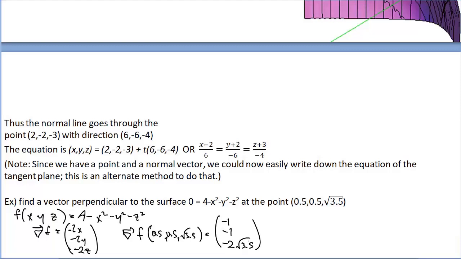And because we've got the gradient of an original function, and our surface is the level curve of that function, our gradient is perpendicular to that level curve surface. So there's a perpendicular vector.